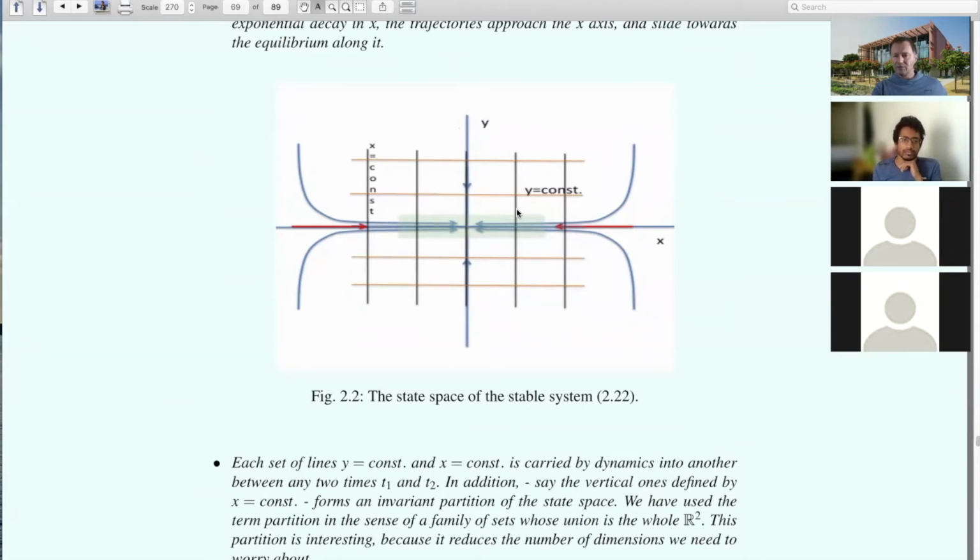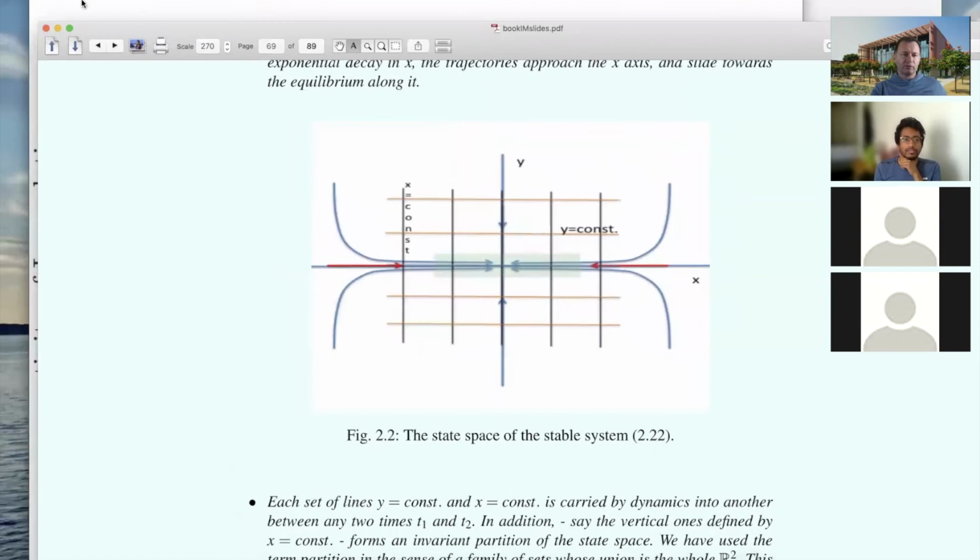So in general, it would be nice to find such partitions that would enable you to say that certain sets of initial conditions for a system that is stable to a fixed point go to the fixed point in a coherent manner together and just kind of shrink onto that fixed point.